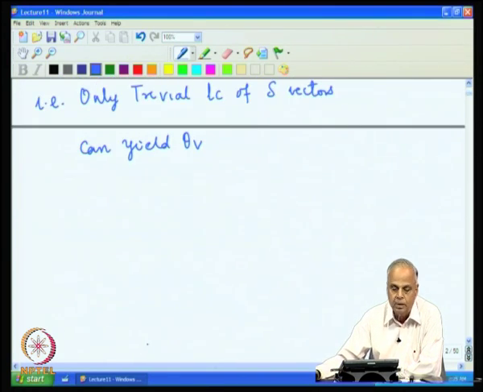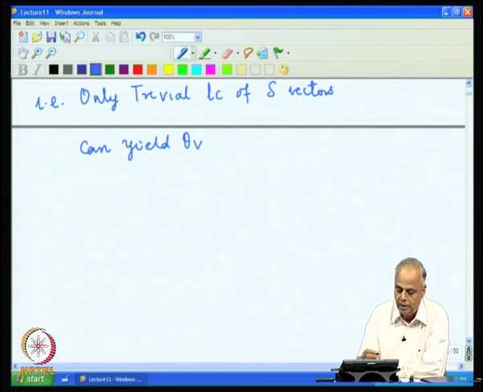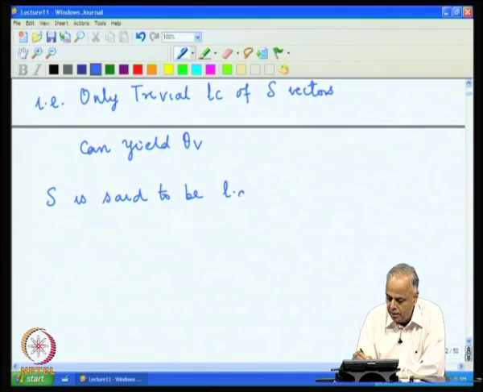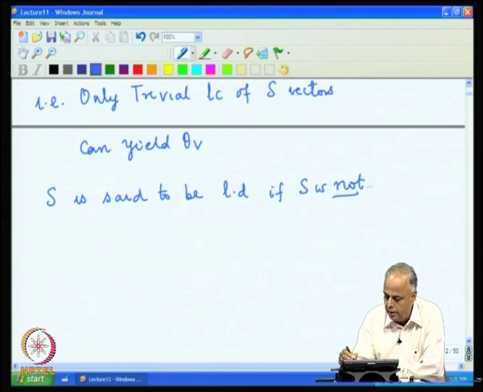If the set is not linearly independent, it is said to be linearly dependent. We will write LD for linearly dependent. So, S is said to be linearly dependent if S is not linearly independent.